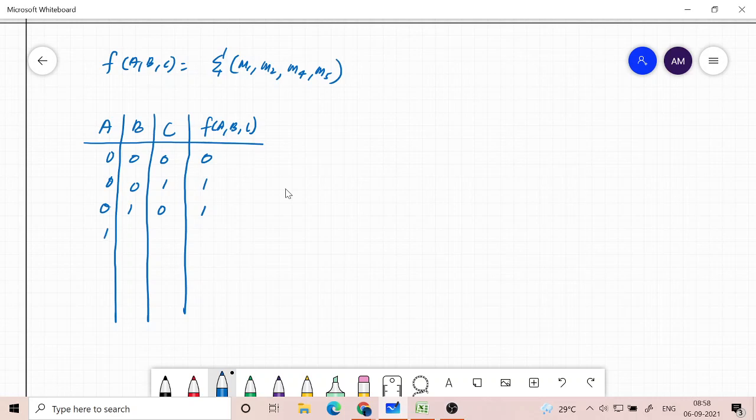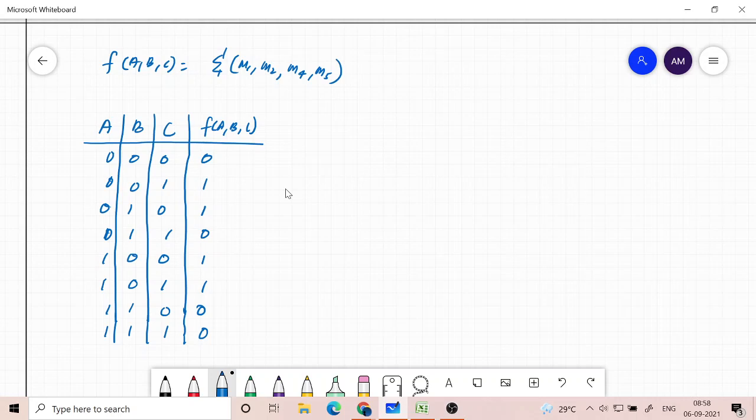Then 0, 1, 1: M3 is absent, I put 0. Then 1, 0, 0: that is present. 1, 0, 1: present. 1, 1, 0: absent. Then 1, 1, 1: that is also absent. So it is the same Boolean function which we looked at a little before.